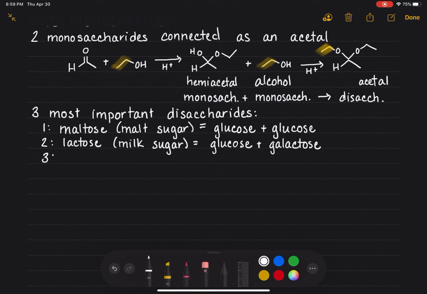And number three that we're going to talk about is sucrose, which is from cane or beet. So this is beet sugar. And it comes from glucose and fructose.